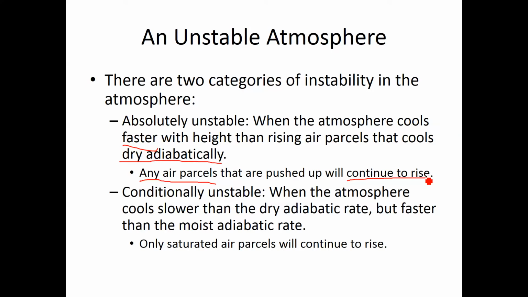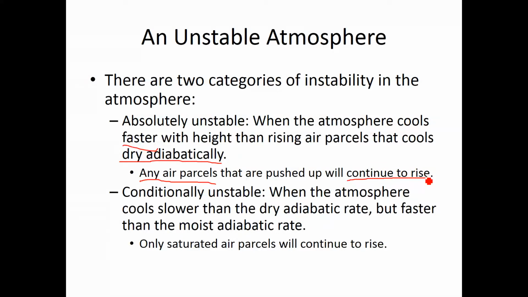However, in a case where the atmosphere cools slower than the dry adiabatic rate, but faster than the moist rate, you have a situation where unsaturated parcels will stay cool. They will stay cooler than the surrounding environment and they can't rise.